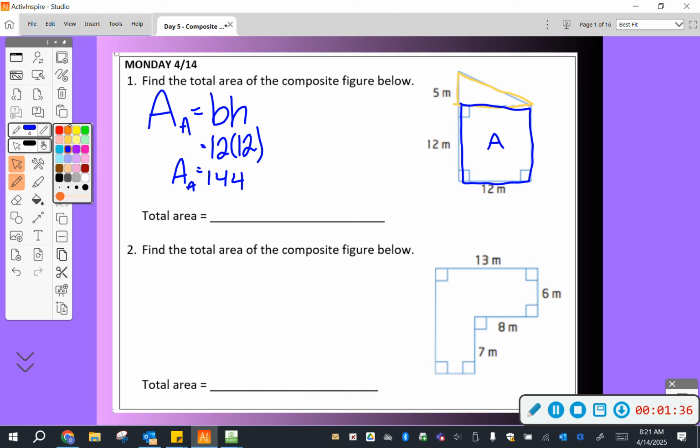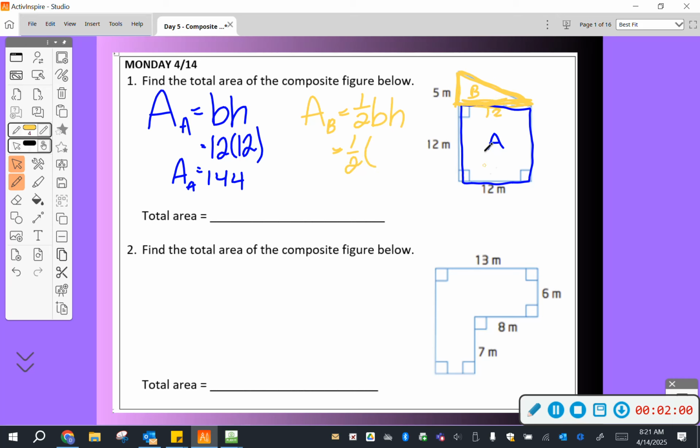Now, how do I find the area of the other shape? Y'all said it was a triangle. How do I find the area of this triangle? Area of, and we're going to call this shape B, is 1/2 BH. Please write this down with me if you have not already done it. What is the base of this triangle? 12.